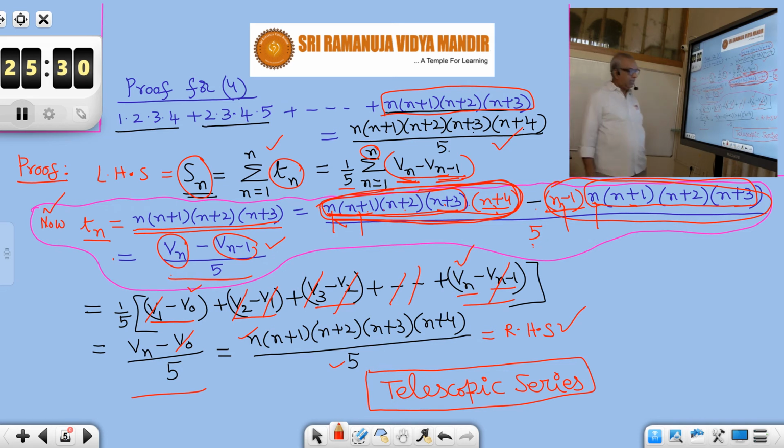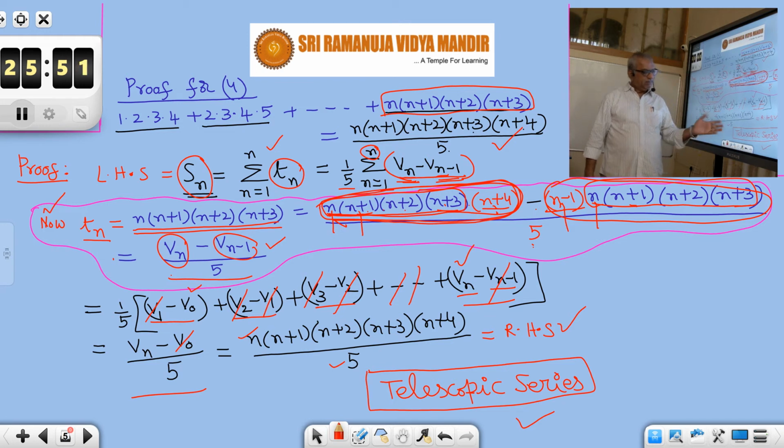So this type of series is also called telescopic series. So that means for this method there are 3 names. My name is one step forward, one step backward method. In the books they are using Vn minus 1 method.